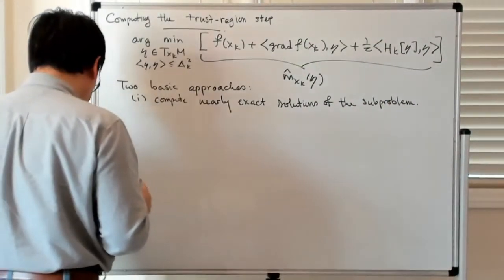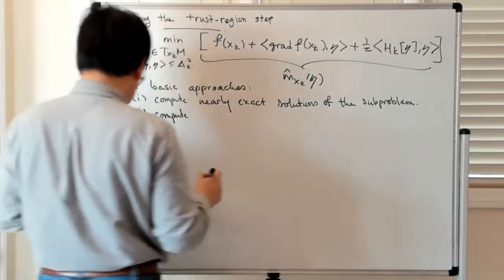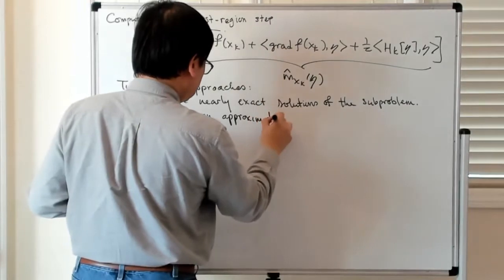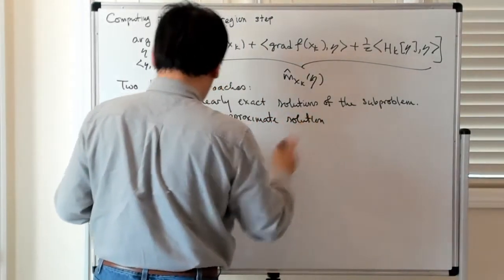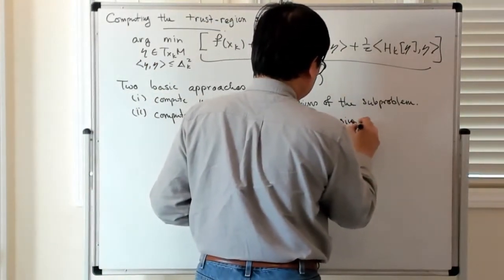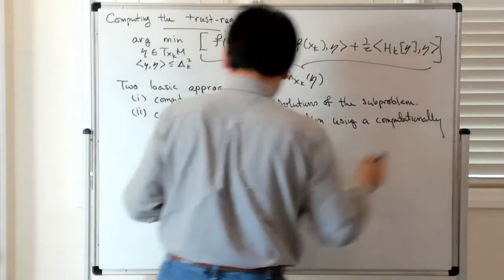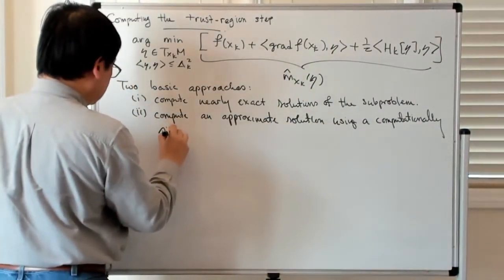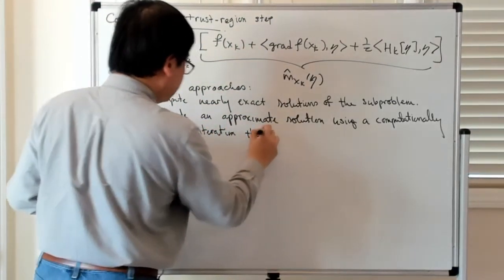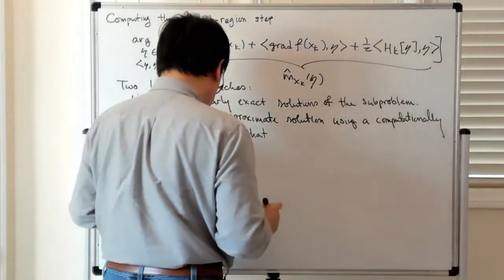The second approach is to compute an approximate solution using a computationally simple iteration that at least decreases the cost by as much as the cost obtained at the Cauchy point.